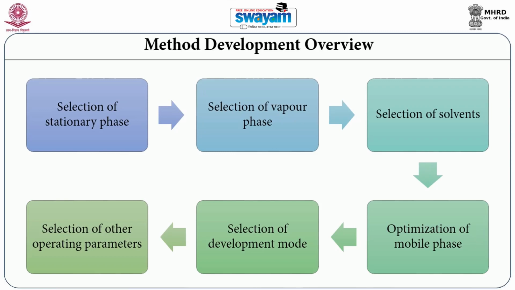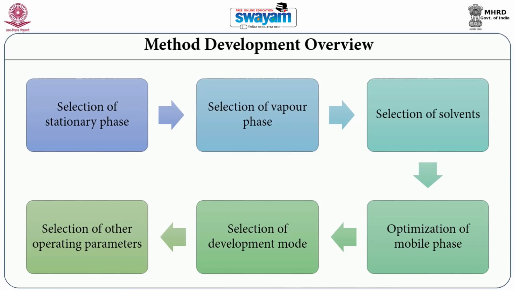Then the selection of development mode has to be optimized. One of the considerations for the kind of development mode is whether it is needed for subsequent analysis, or whether just a semi-quantitative or a qualitative estimate is required, or whether a quantitative estimate is required.